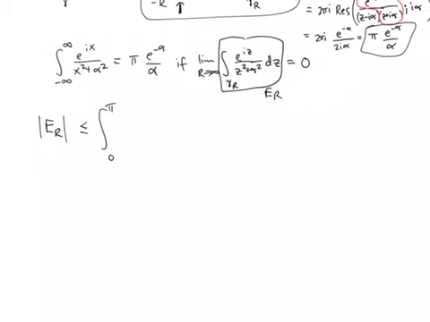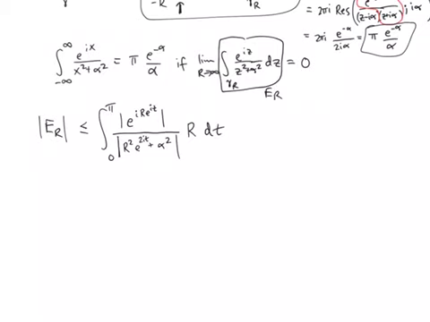So we have the norm of e to the i times z, where z is R e to the it. And then we have R squared e to the 2it plus alpha squared. And then dz is iR e to the it, but the i e to the it just has norm 1, so this is just R dt.